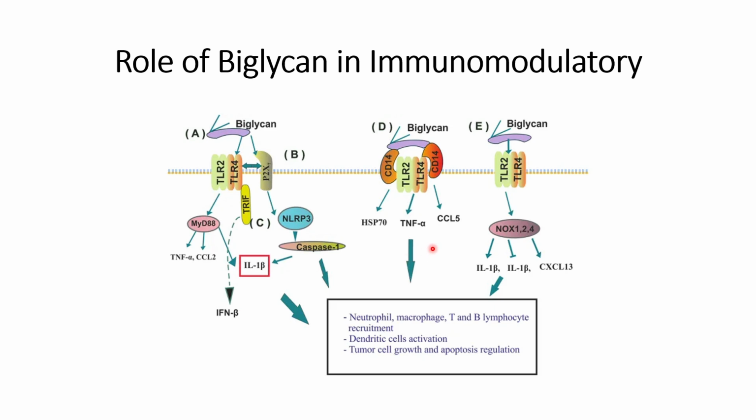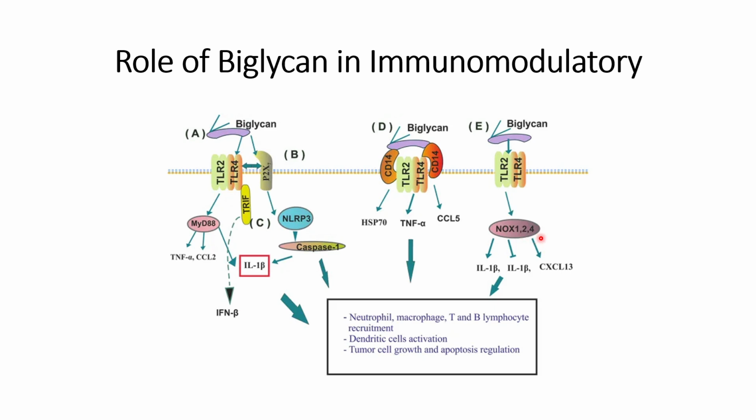The third category is about Biglycan interacting with TLR2 and TLR4. Not only does it activate cytokine formation, it will also activate NADPH oxidase enzymes such as NOX1, 2, and 4. The activation of these enzymes can either help in interleukin-1 beta formation or prevent it, depending on the type of interaction.